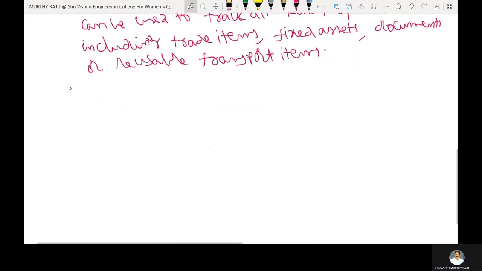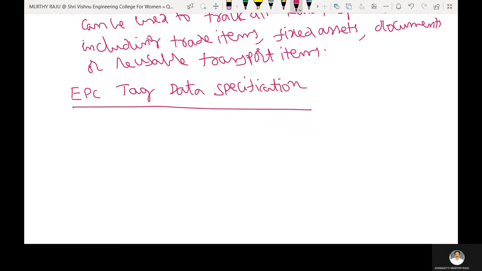Next, coming to EPC tag data specification, tag air interface. Air interface means the distance between a tag and RFID radar is air, open space. UHF, ultra high frequency range.